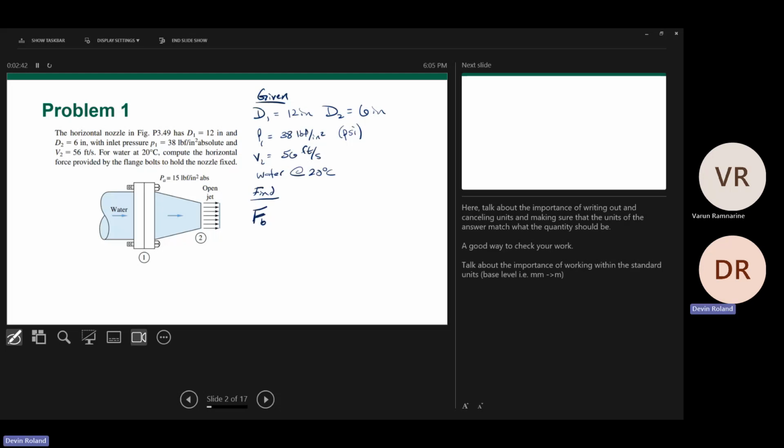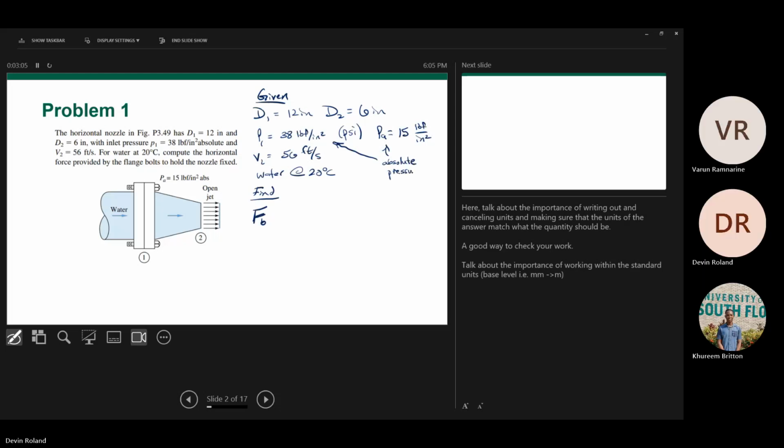We also know the ambient pressure is 15 pounds force per inch squared. Both of these pressures are absolute pressures. Okay.